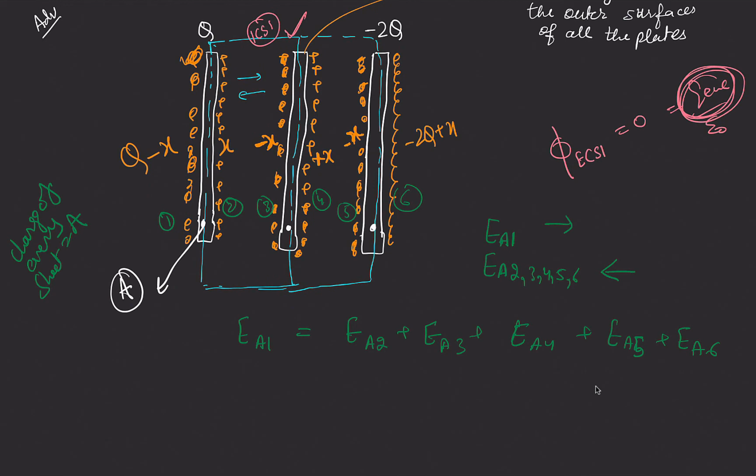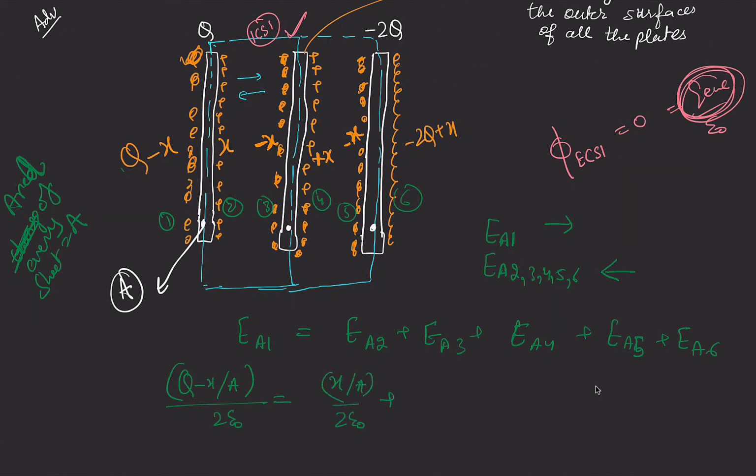You can assume even an area of 1 meter square for easier calculation, but let's assume it to be A. Then sigma is Q minus X by A, basically charge per unit area. So Q minus X by A by 2 epsilon naught is equal to the field of sheet 2, whose charge is X, so X by A by 2 epsilon naught.